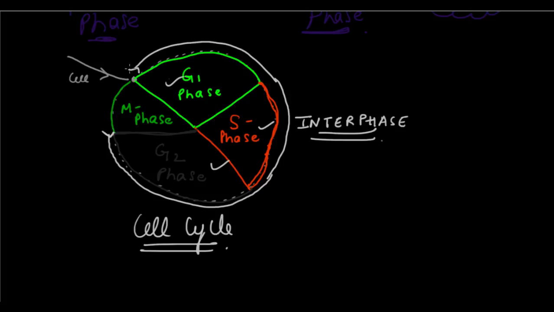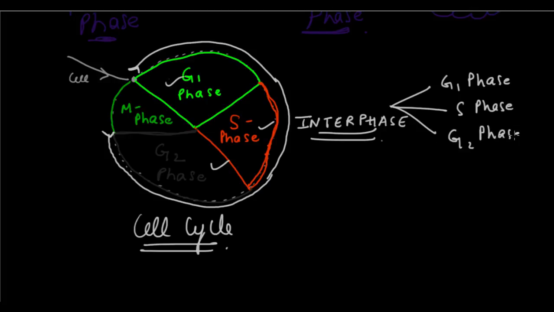So interphase basically has three sub-phases: the G1 phase, the S phase, and the G2 phase. This is called the interphase. Now we will discuss each of them in detail.